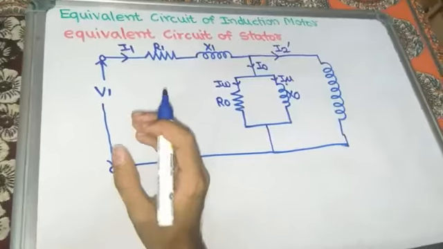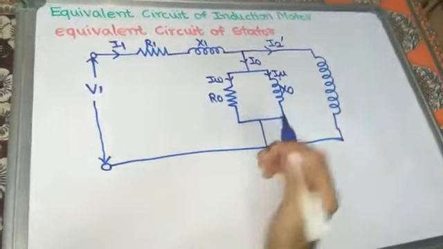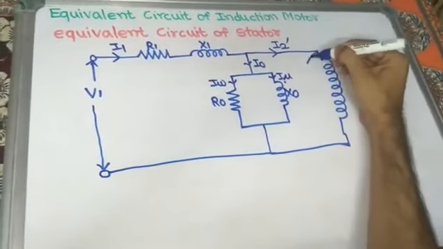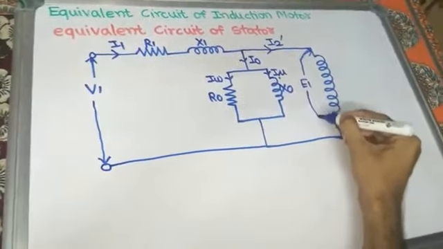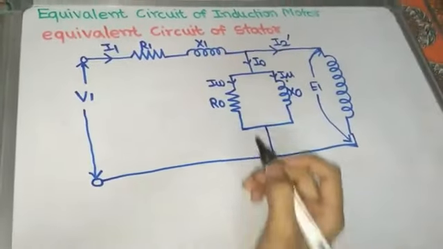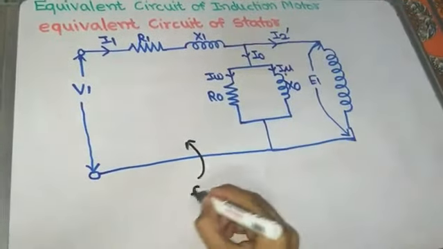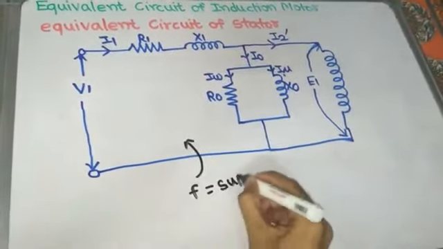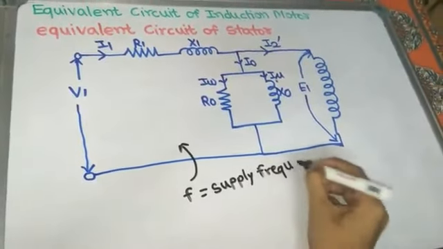This is the applied voltage V1 which we apply to the stator winding of the three-phase induction motor, and the EMF induced in the stator winding we can give as E1, the EMF induced in the primary winding. And what about the supply frequency? Here f is equal to the supply frequency in the stator, because in the stator there is a constant frequency of 50 Hertz.